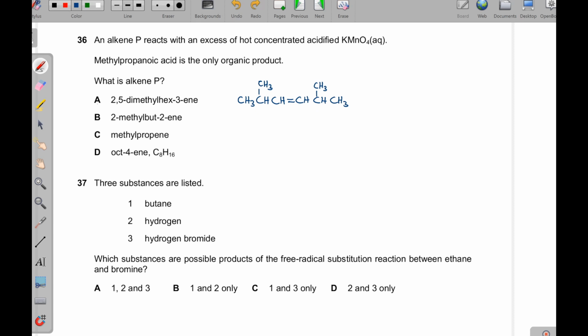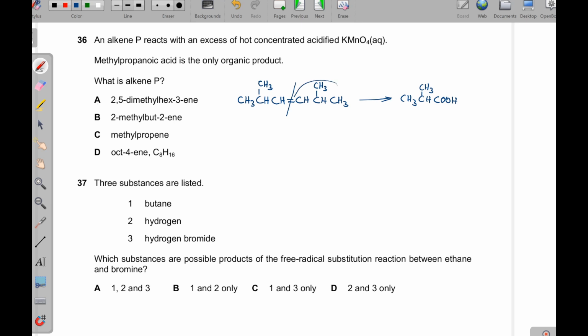Then from there, when we cut this one, when you oxidize using hot concentrated acidified potassium permanganate, you're going to get CH3, C, then CH3 here, then H, then C. First of all, this one will be oxidized and it goes to the, we call it the aldehyde. It will go to the aldehyde, but then the conditions are harsh, so it will go to a carboxylic acid. You see that?